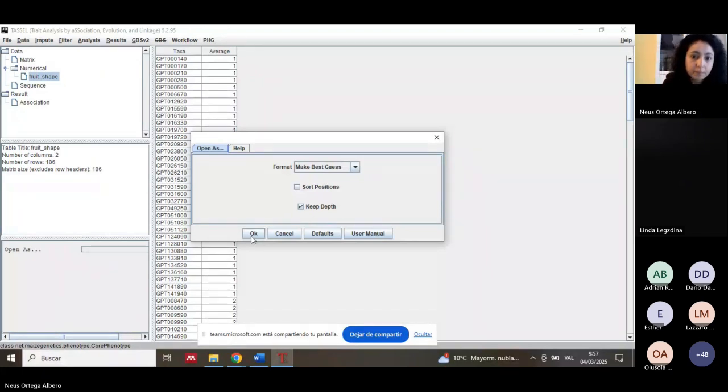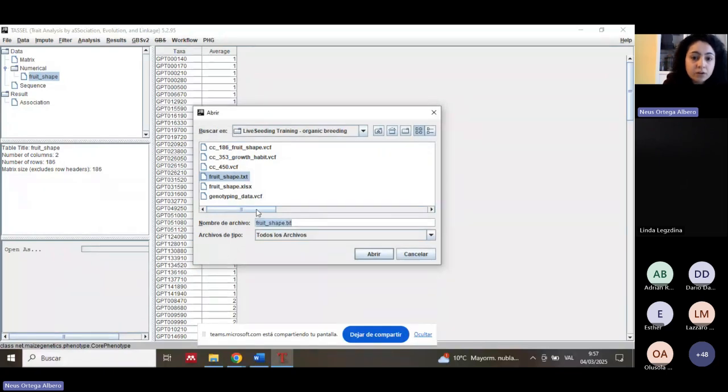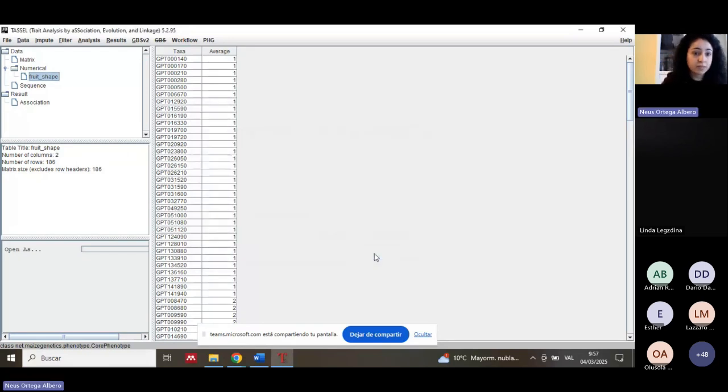Okay. And we are going to open this fruit shape 186 fruit shape.vcf, which is the file format that we normally use for genotypic data, for genetic data. So we open this file.